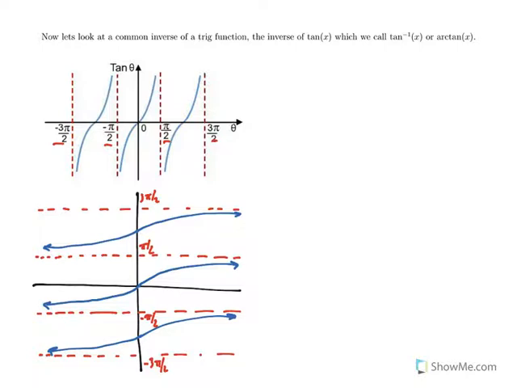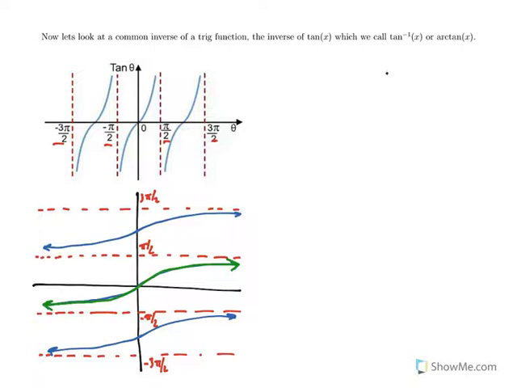The problem is that that is not a function. This is not a function because it does not pass the vertical line test. It hits the function an infinite amount of times, and that's not okay. So what we do instead to find the inverse function is we do it just for one period of the function. We look at just the period around 0 from negative pi over 2 to pi over 2.